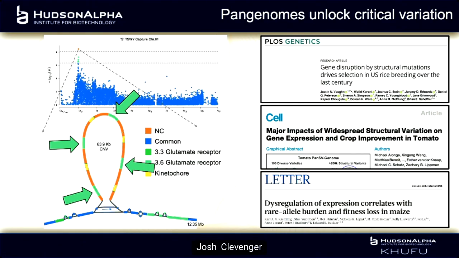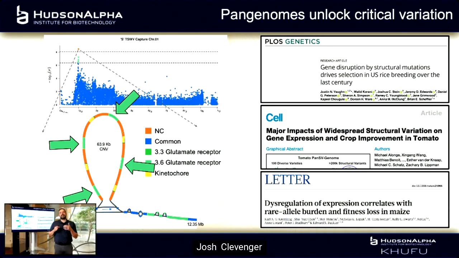So to introduce pangenomes to you today, what I wanted to do was look at it in two different ways. In one way, to drive home the point that structural variation has been shown in crops to be extremely impactful drivers of vigor and traits of interest.